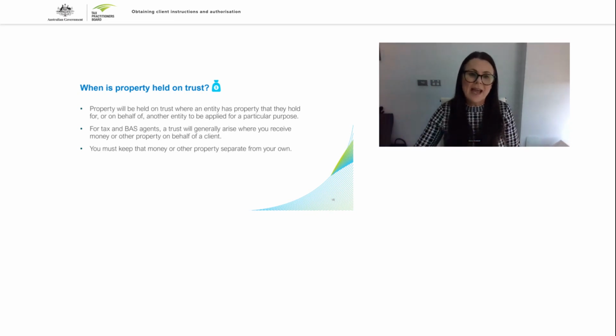At the TPB, our general position is in the absence of any agreement to the contrary, where a tax or a BAS agent receives money or property on behalf of a client, this money or property will be held on trust and will generally include client tax refunds received from the ATO, any other payments received from the ATO or another entity on behalf of the client, money received from the client to be applied for a specific purpose.